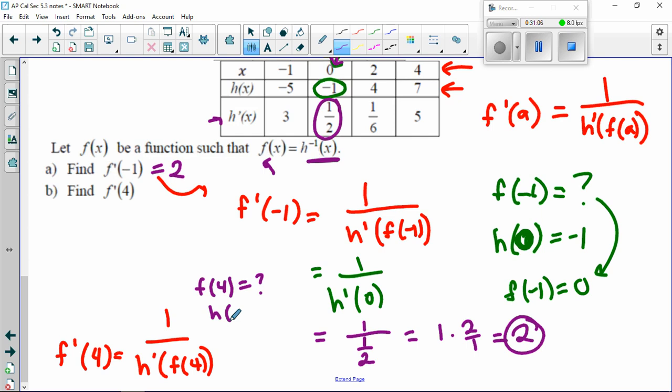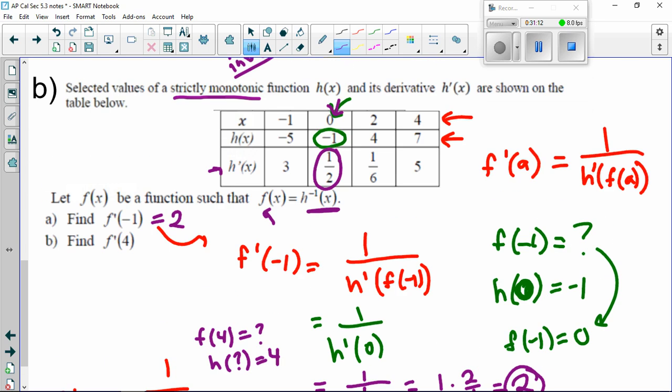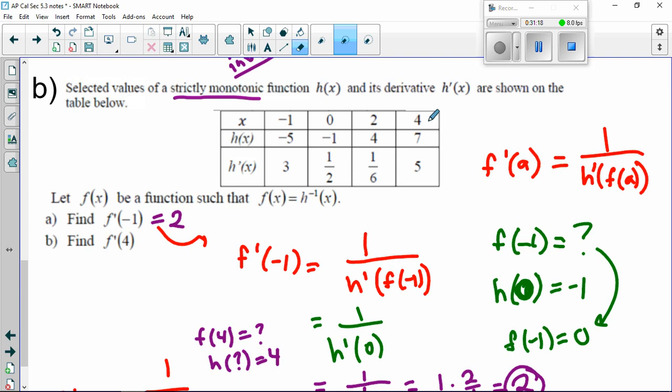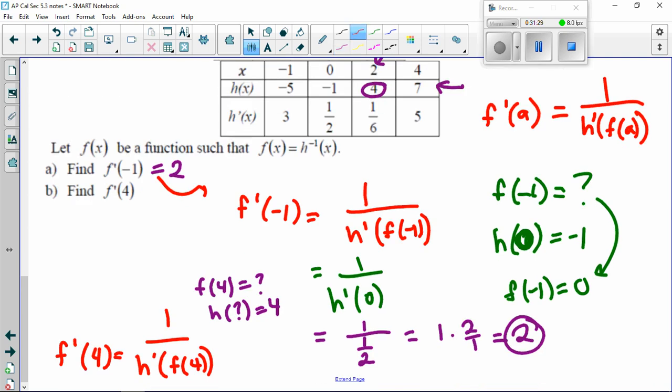Well, we need to know what we plug into h to get 4 then, because they're inverses and they swap. Well, if we look at our table, so let's erase what we already have there and see what will be helpful. We need to plug in something to get 4 with h. Well, here's 4, so what we plug in is 2. So we plug in 2, which means f of 4 is 2.